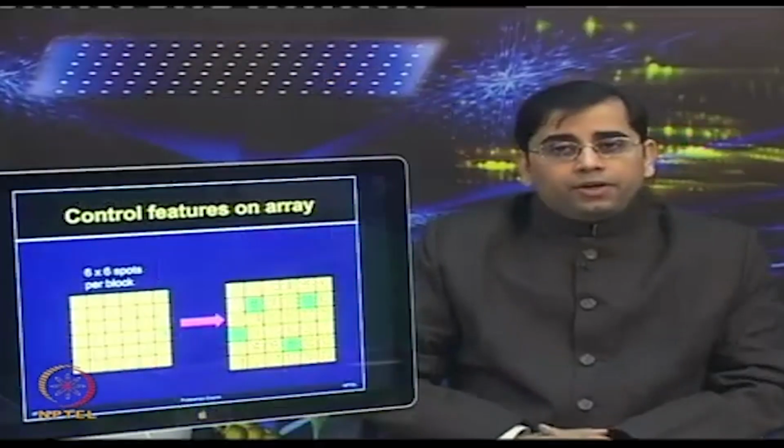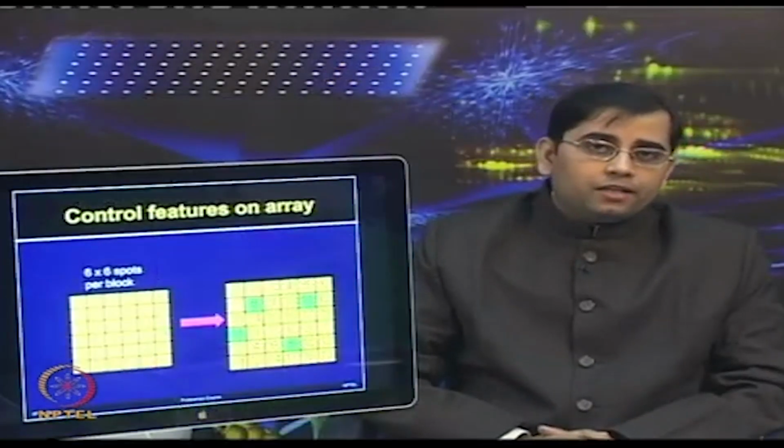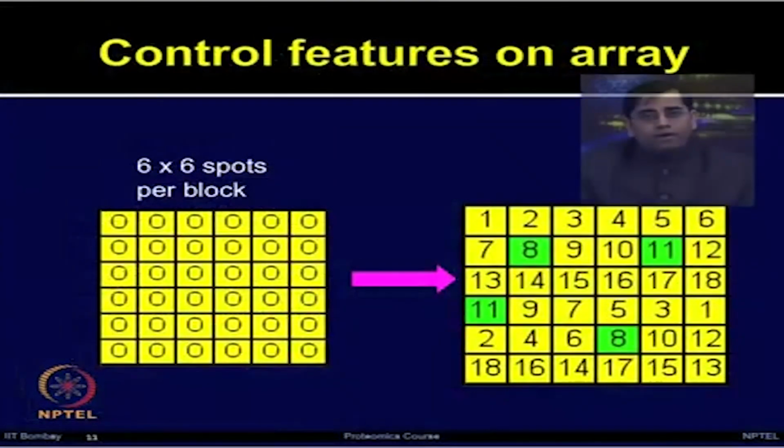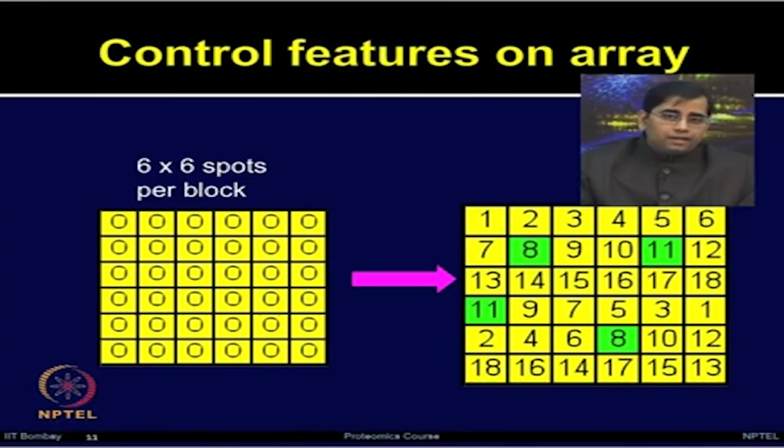So, just an expanded view here of 6 by 6 spots per block. So, these are the small blocks and obviously, on the big array you have several features. The yellow one shows the genes and the green one shows the control features.